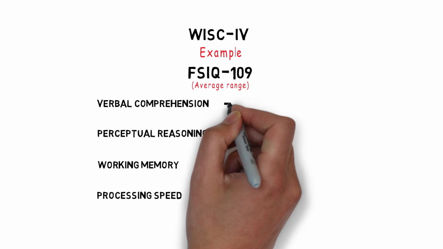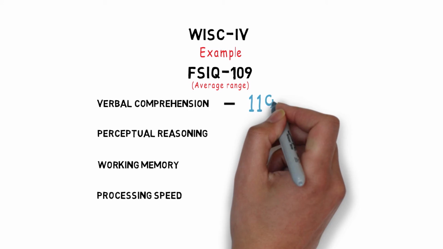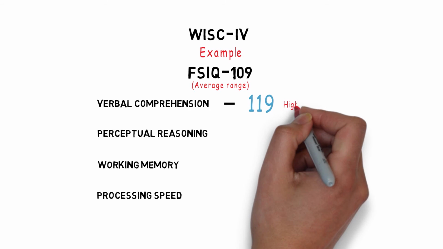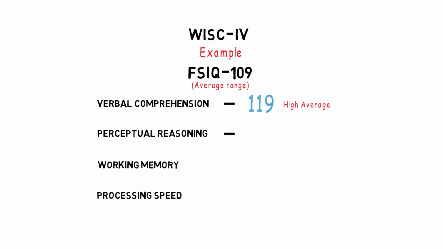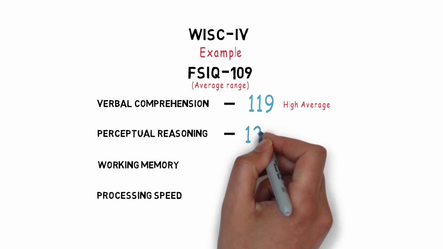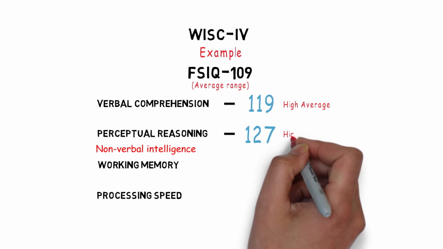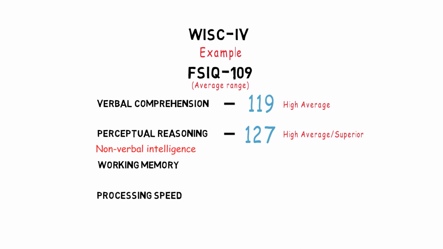And my son's verbal comprehension score came out at about 119. So it's high average. But when you look at his perceptual reasoning, it came out at 127. And perceptual reasoning is the ability to learn not using language, so nonverbal intelligence. And that is in the high average to superior range.